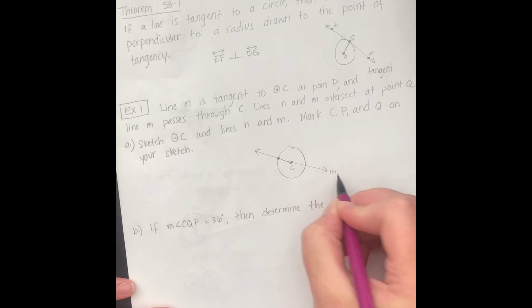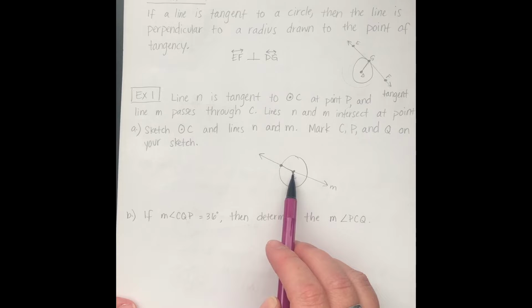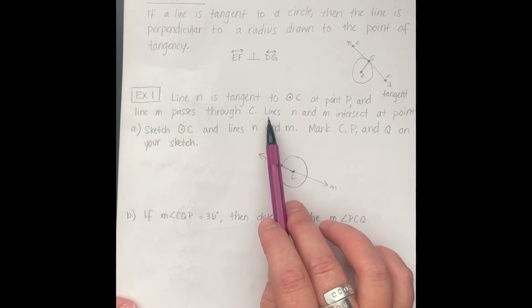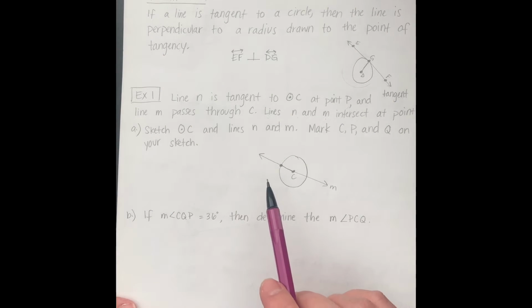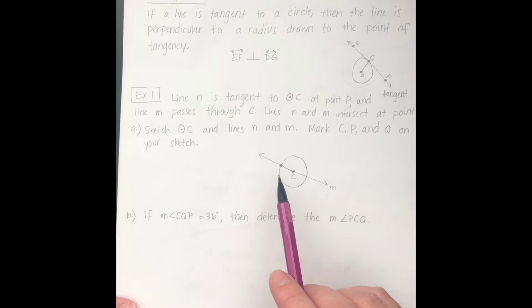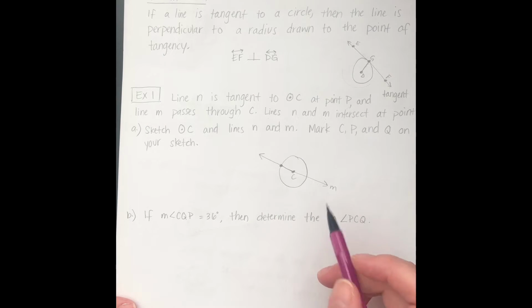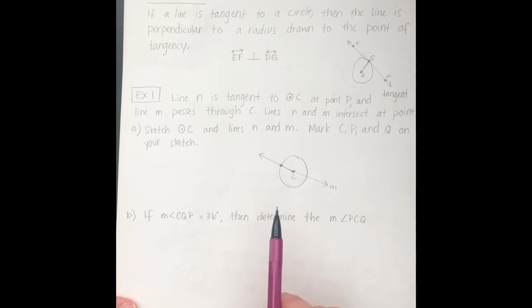I'm going to label it. We have point C right here. And then it also says that lines N and M intersect at point Q. They cross each other at some point, and that point is Q. So we're going to also have another point on this line because we want lines M and N to intersect each other.